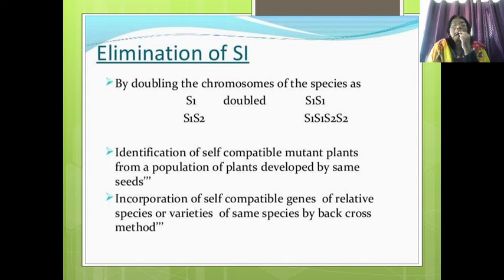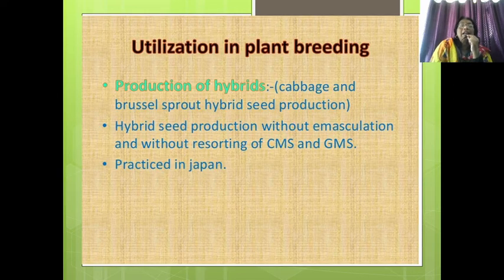Identification of self-compatible mutant plants from a population of plants developed from the same seeds. Incorporation of self-compatibility genes of relative species or varieties of some species by the backcross method. And the utilization of self-incompatibility in plant breeding is done in the production of hybrid seeds.